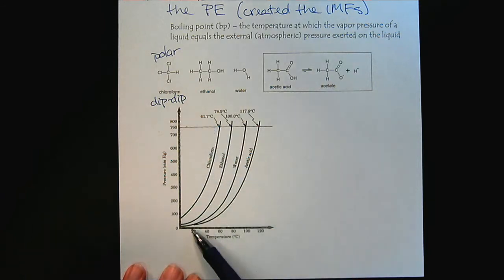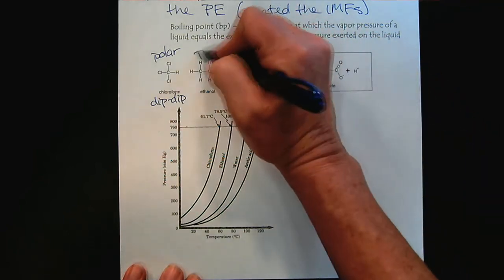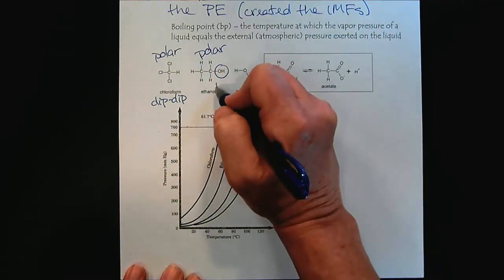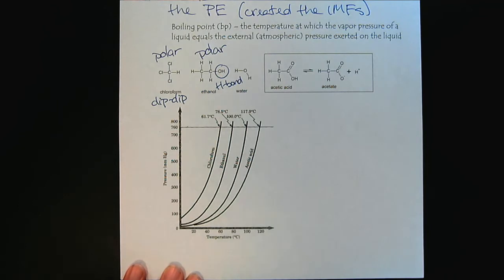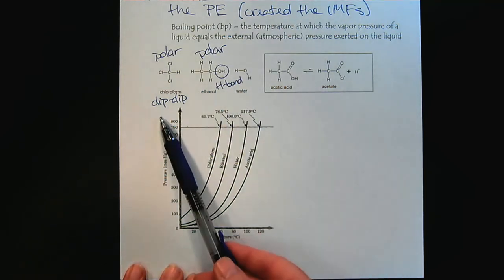Now let's look at the next molecule, ethanol. Here we see it's also polar, but here we recognize that it has the ability to H bond because of that oxygen-hydrogen bond. As we discussed with intermolecular forces in the intro tutorial, hydrogen bonding is a stronger intermolecular force than dipole-dipole.